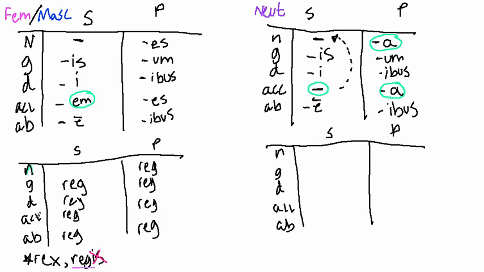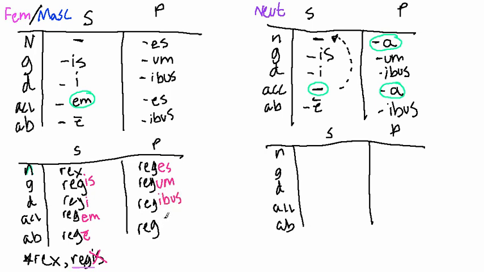Okay, and then we'll put the rex in the nominative singular. Okay, so now let's attach our endings. Genitive is is, dative is i, accusative is em, ablative is e, nominative plural is es, and then it goes ibus.